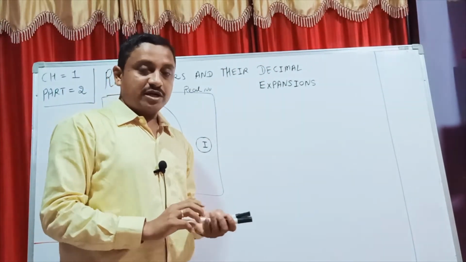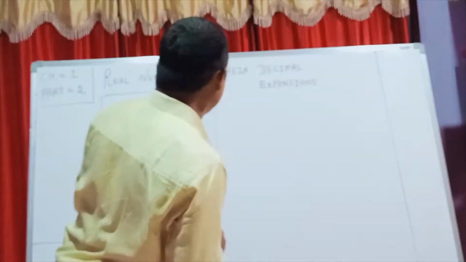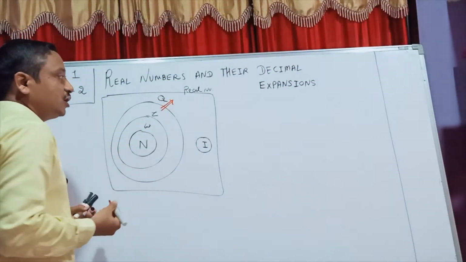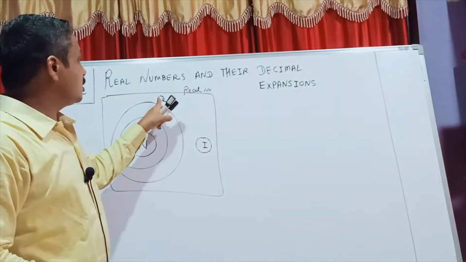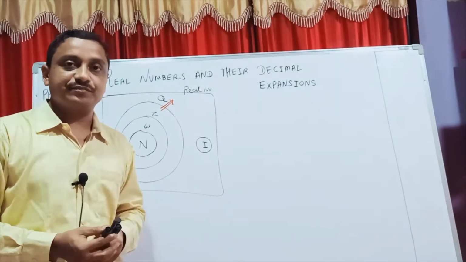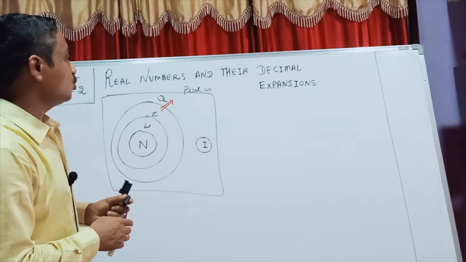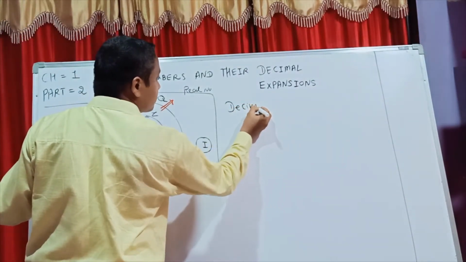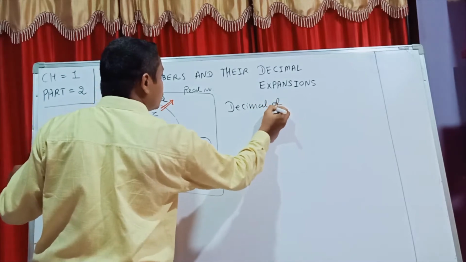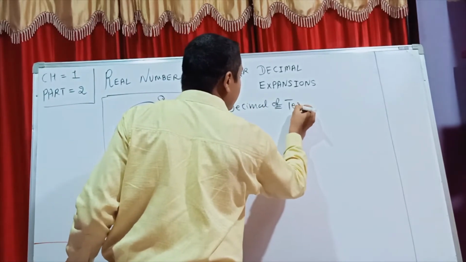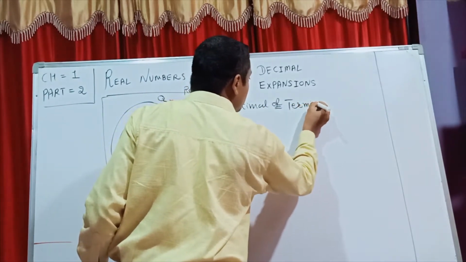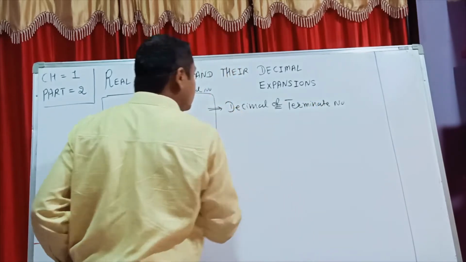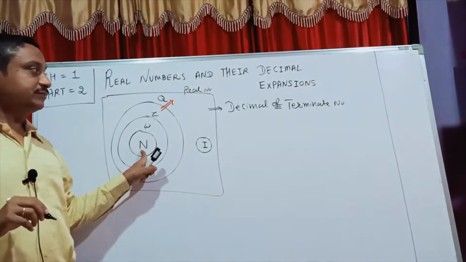Yes students, decimal form must be represented in this form, Q, for rational numbers. So there are two types of decimal numbers. One is a terminating number, and that kind of number is called, first of all, a natural number.